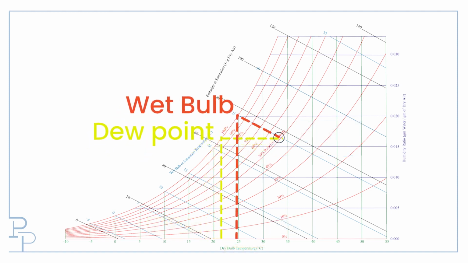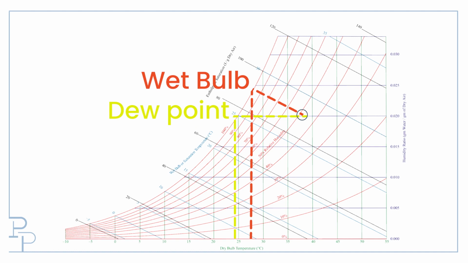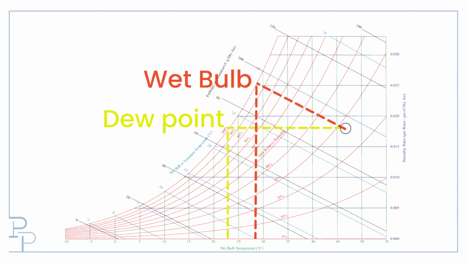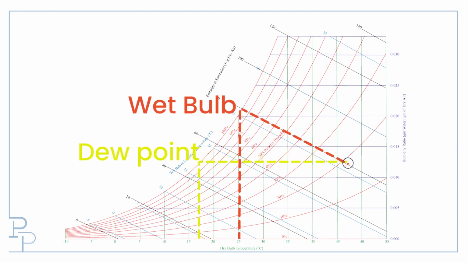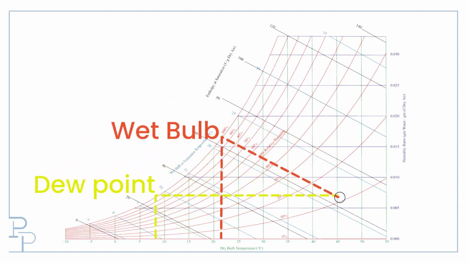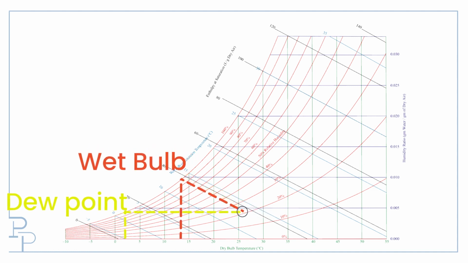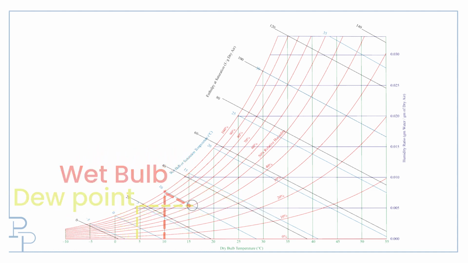We could use any starting point, and the procedure to read off dew point and wet bulb temperature would be the same. Maintain a constant water content until you hit saturation to get dew point. Maintain a constant enthalpy until saturation to get wet bulb.